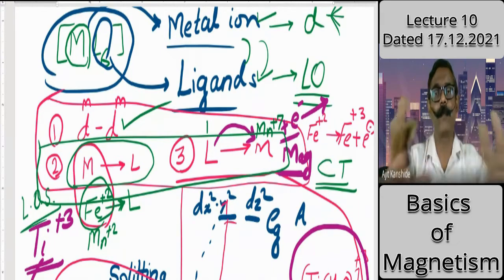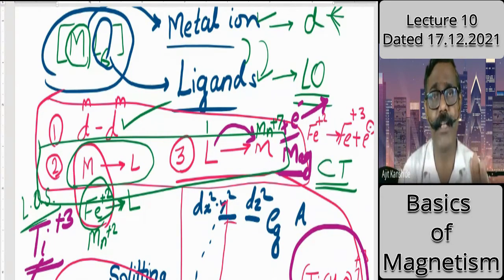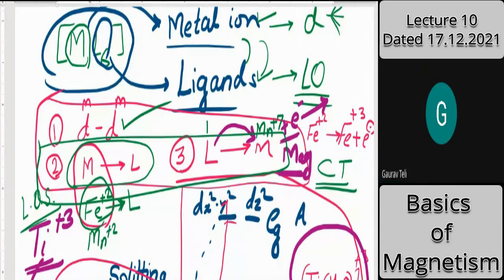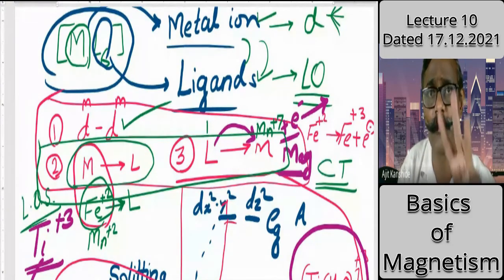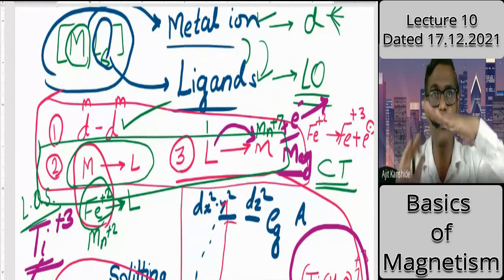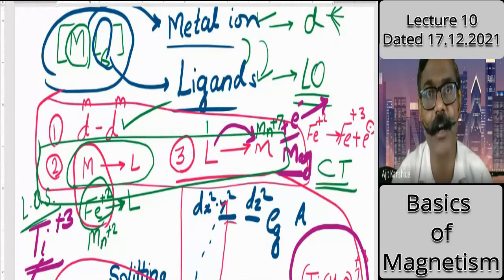So students, by this presentation, what I want to emphasize is that colors are due to absorption of electromagnetic radiation. That absorption is for the excitation of electrons, and it is possible by three means. Excitation within the d orbitals, a direct transition; the titanium aqua complex is an example.